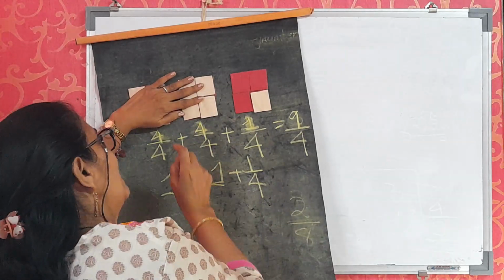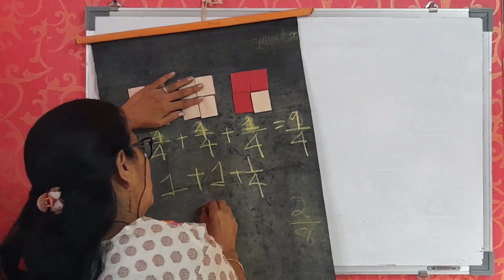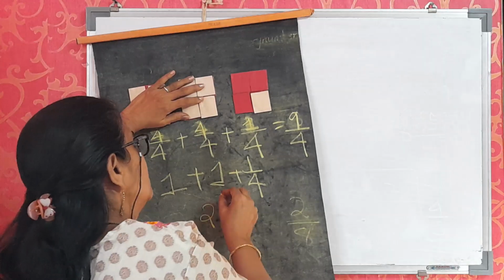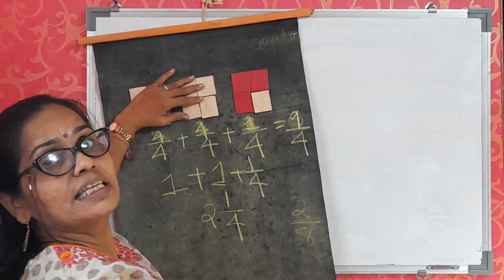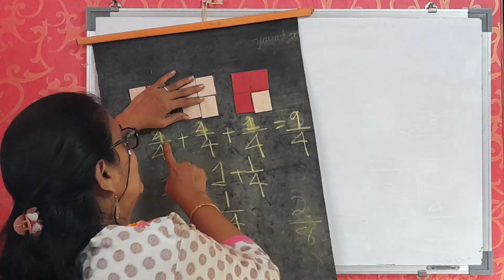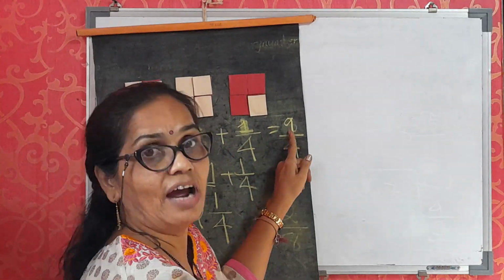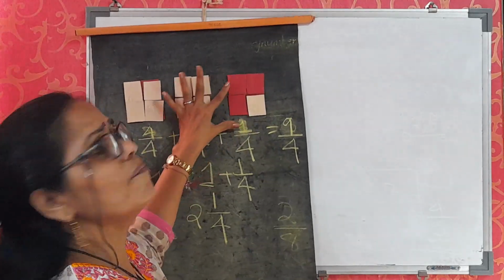So addition, repeated addition. So 1 plus 1, it became 2. So my multiplication of fraction is 2 integer 1 upon 4, since multiplication is repeated addition. So this way I don't have to divide also. Directly I have shown you by this sticking of paper.